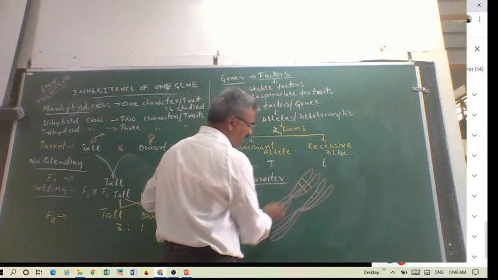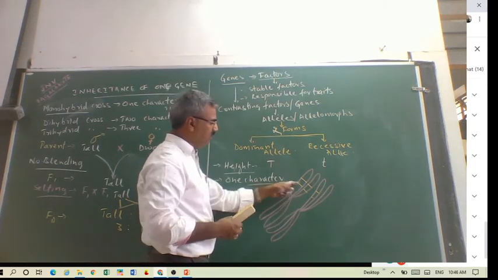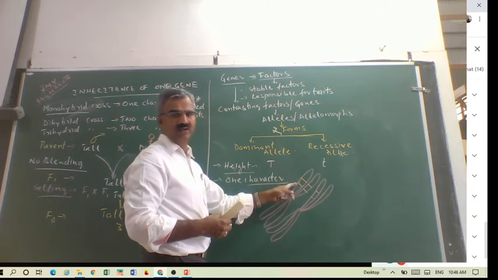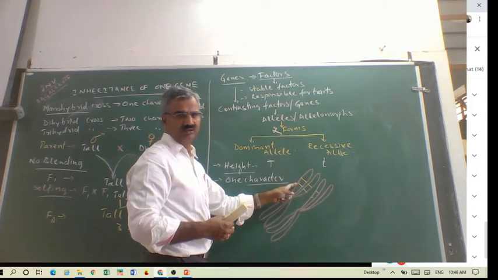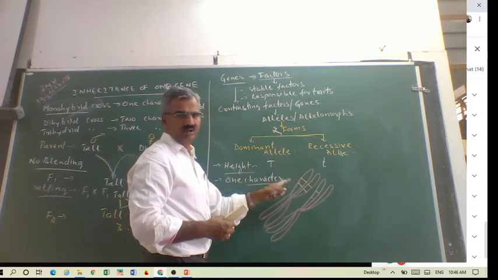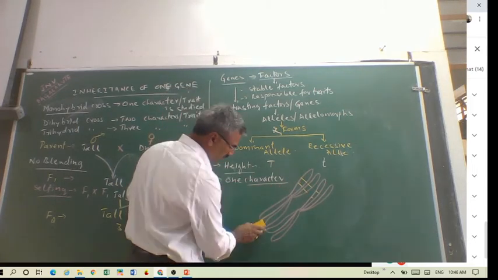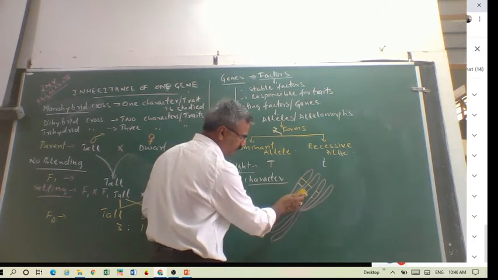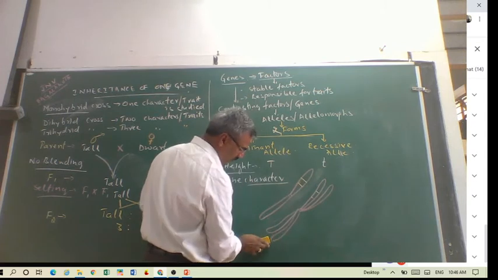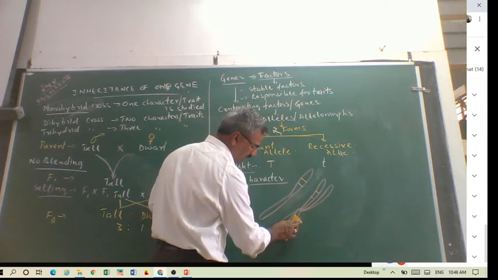So we have, are you getting me or not? Are you getting it or not? Is it making sense? If you are getting confused, you can rub it off. This happens because of the duplication of the chromosomes. Duplication happens before cell division, so it is double.